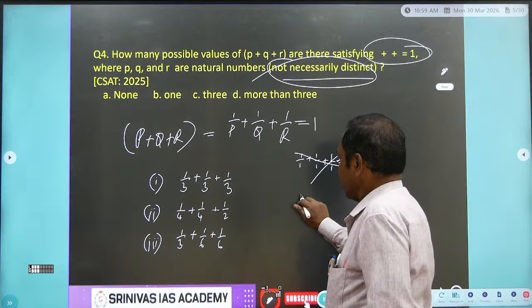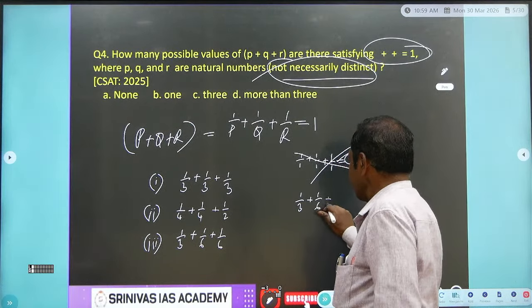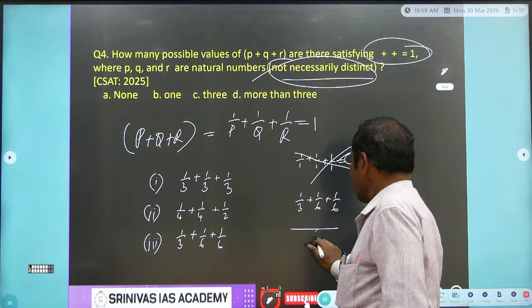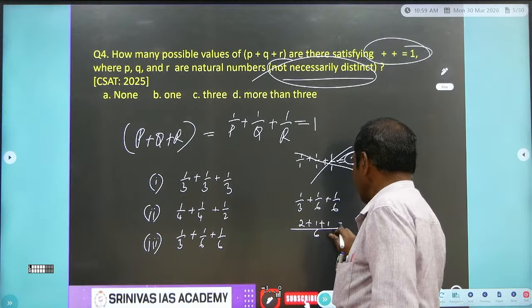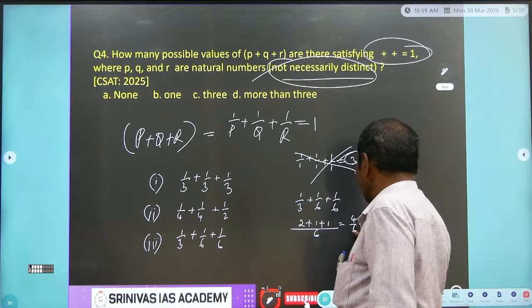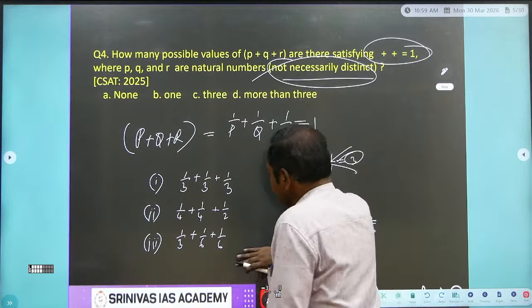Taking the LCM 6, that is 2 plus 1 plus 1, which is 4 by 6. That is not 1, so it's not correct. Not this one.